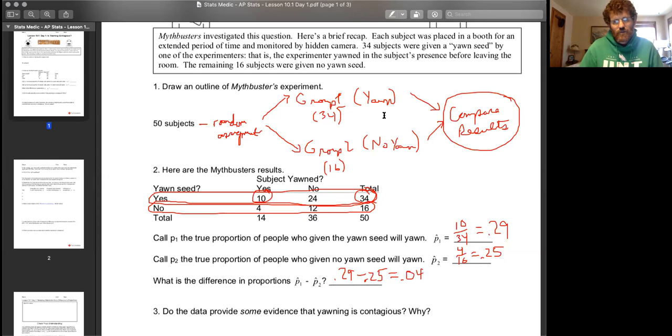Okay, so the next question, I'm not going to write anything down. I just want to ask you guys. Seeing that those who were given the yawn seed yawned at a 29% rate, and those who were not given the yawn seed yawned at a 25% rate, do we have some evidence that yawning is contagious?